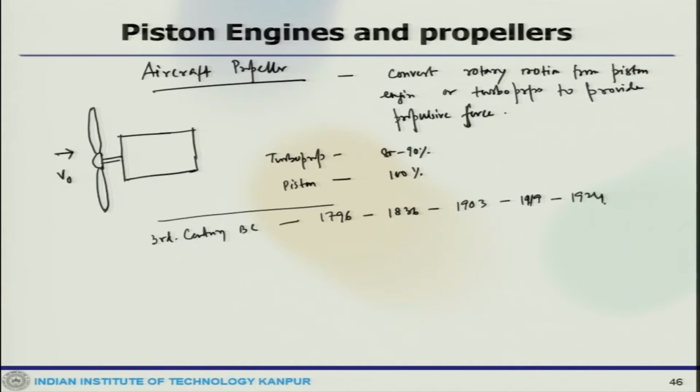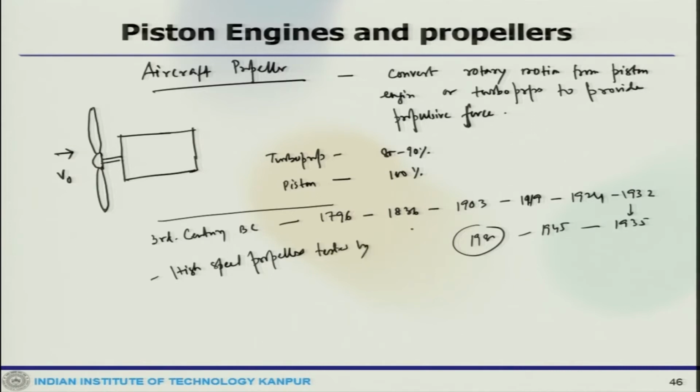So, that is what the different kinds of advancement were. Then 1932, 35, 45 and finally 1980, around which time high speed propellers were tested by NASA for propeller fans to power transport aircraft.